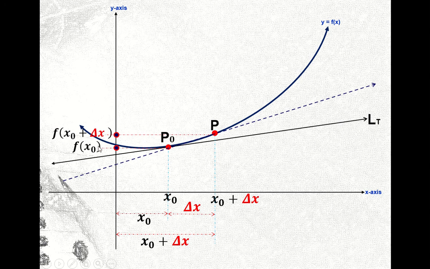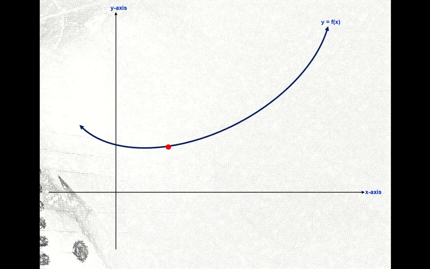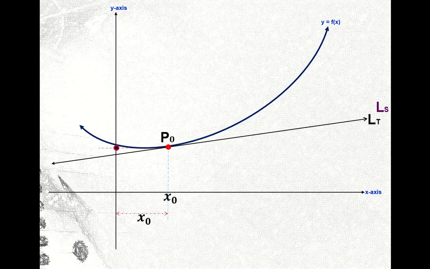It's approaching this value. If we move this point P farther, class, what we will notice is that our delta x is approaching 0.